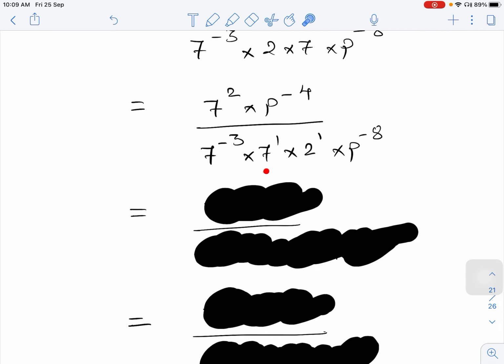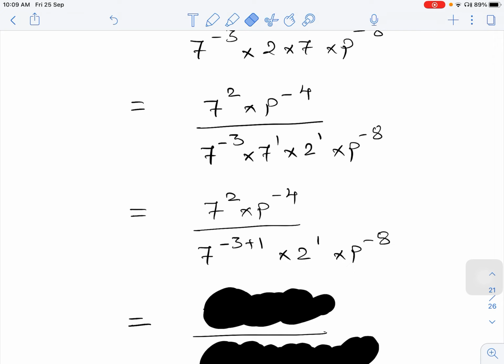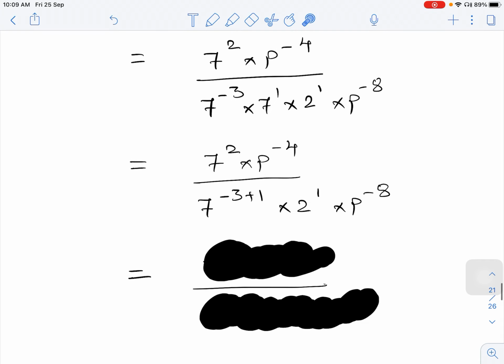Now these both numbers are having the same base and multiplying each other. During such a time, we do addition of their powers. So in the next step the numerator will be as it is, but in the denominator this will become 7 raised to minus 3 plus 1 into 2 raised to 1 into p raised to minus 8.